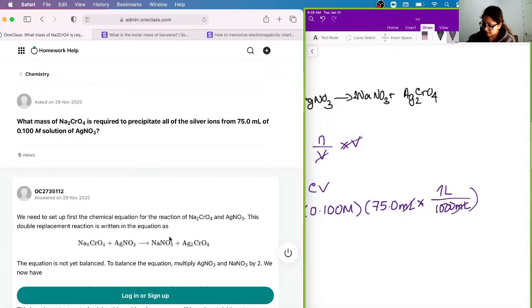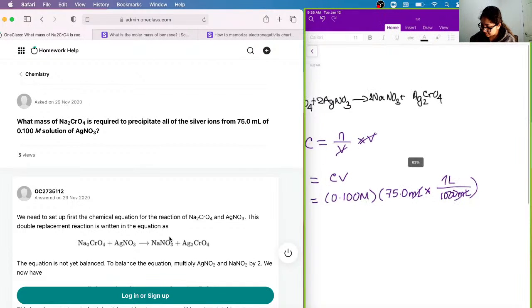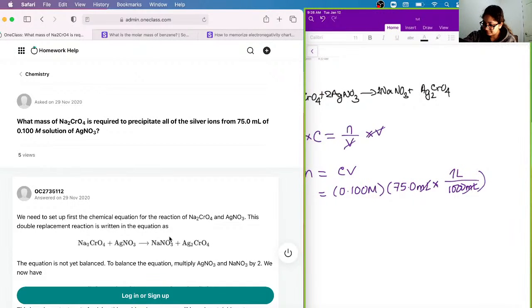Right? And so once you do the math here, you would get 0.0075 moles of silver nitrate. Okay. So we just found our moles.